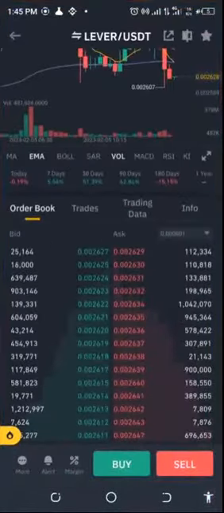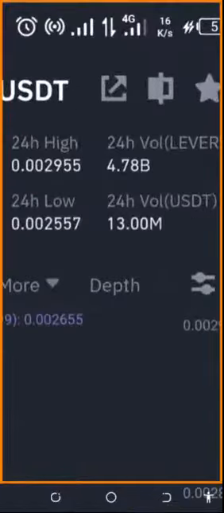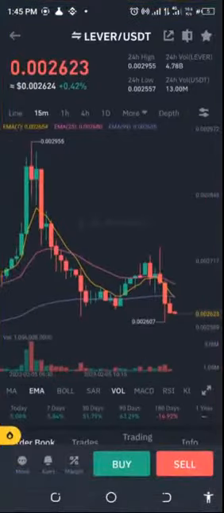And if you check the 24-hour high and low, you would see that the high is 0.002955, while the low is 0.002557. So we're going to choose something in between.